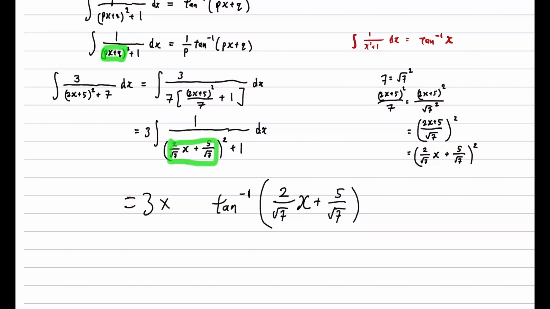So what's my p? P is actually 2 over square root 7. No square. Oh, so now you have to divide by p. 1 over p would be 2 over square root 7.